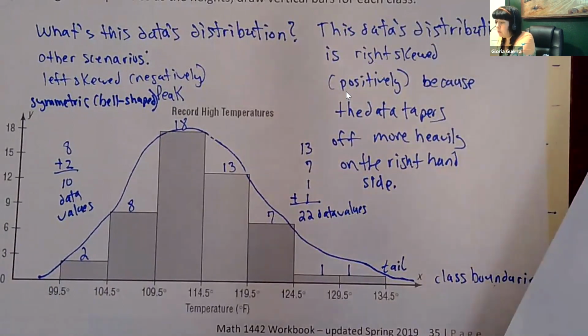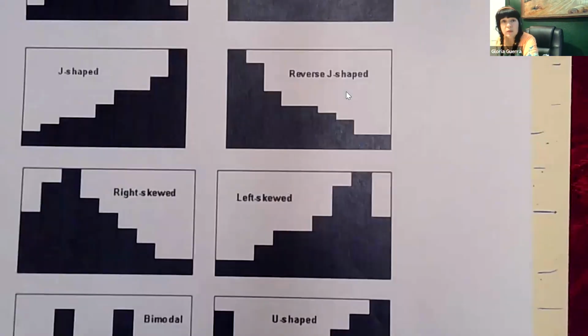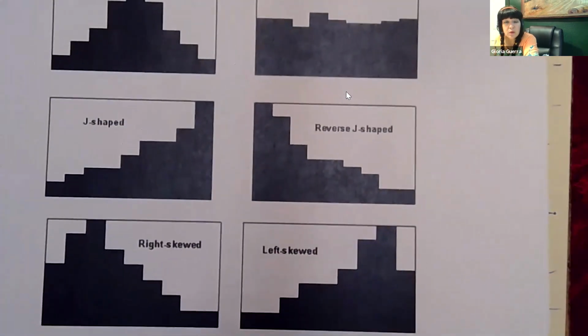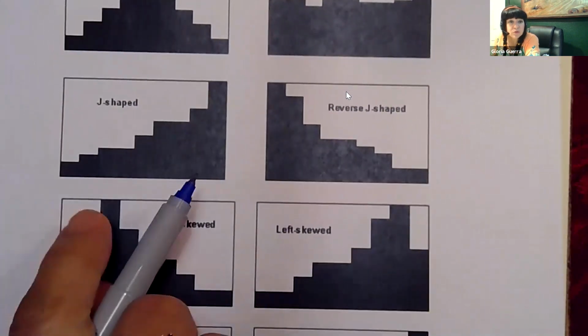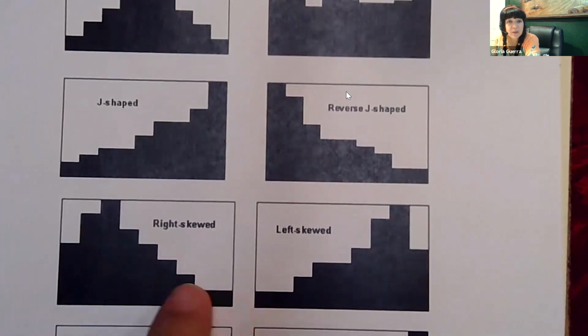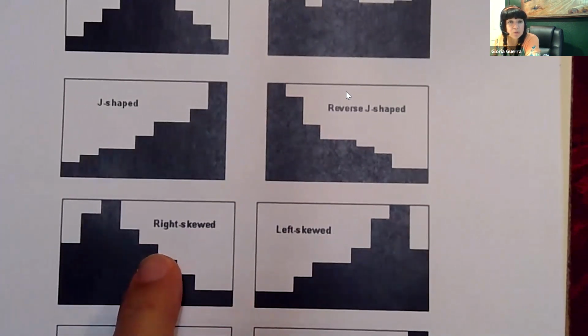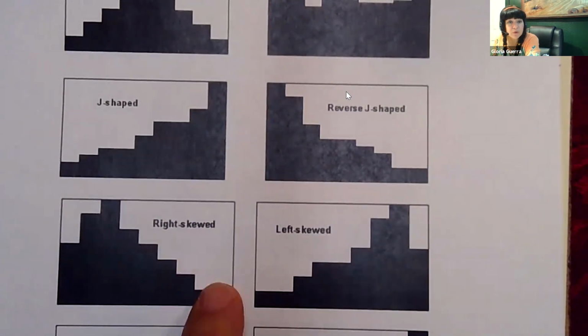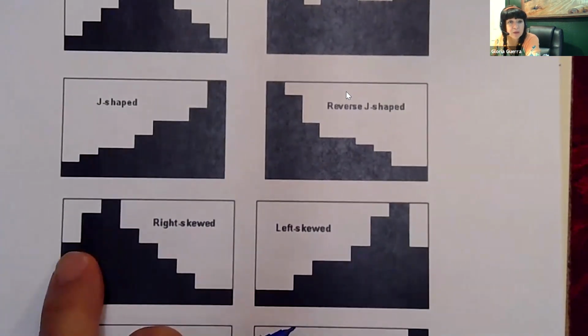Okay, but I'm going to look at page 42 here, and we were talking about, is it right skewed? So here's an example of right skewed. You see, here's your peak here, and you don't have a count of the data, but you look at your columns and see there are more columns on the right. The data tapers off more on the right as opposed to on the left.